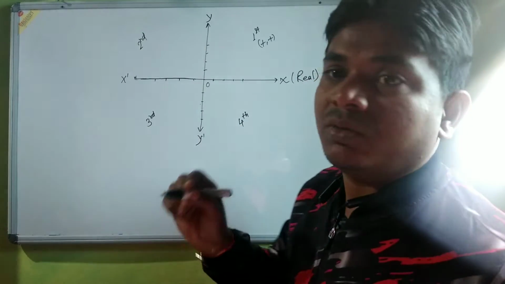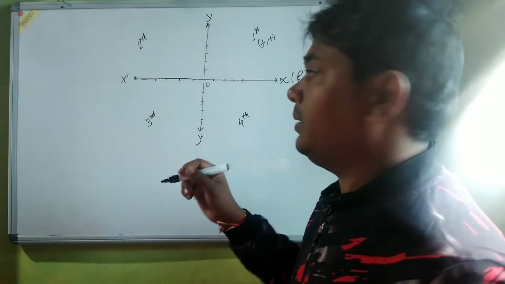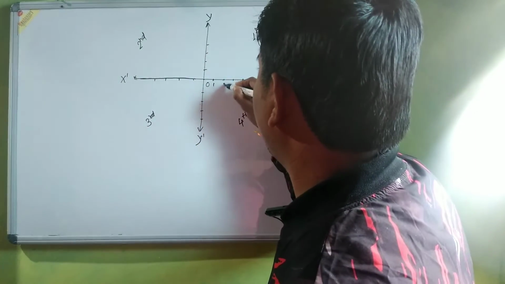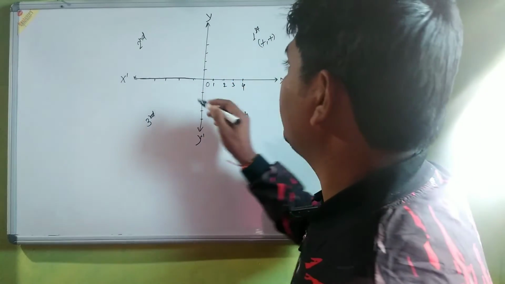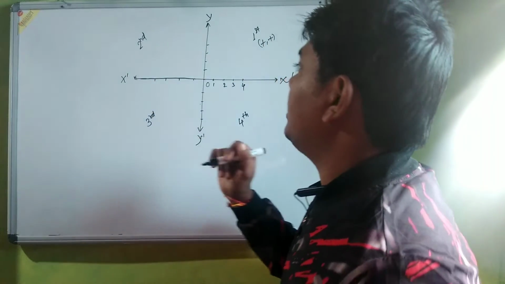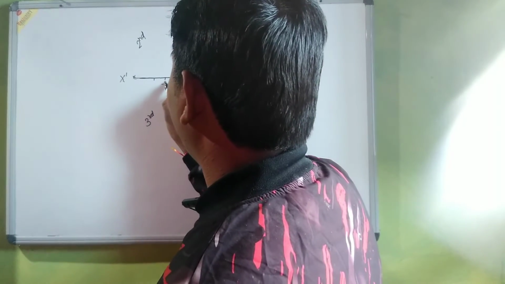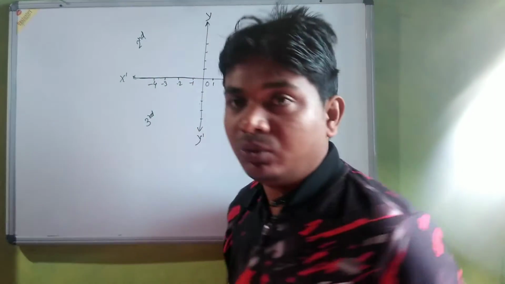Let's point out the points in the plane. Here 1, 2, 3, 4, and so on. All the negative values of x should be just left of the origin. Here we have -1, -2, -3, -4, and so on.